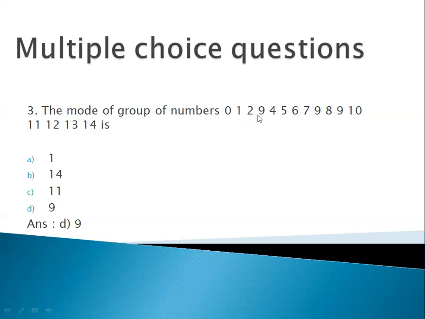Here one 9 is there, here a second 9 is there, here a third 9 is there, and the remaining numbers came only once, isn't it? So that means your mode will be 9. So the correct answer is D, that is 9.